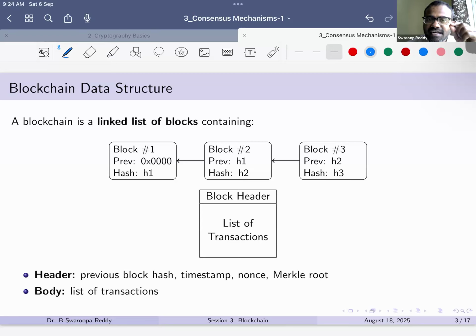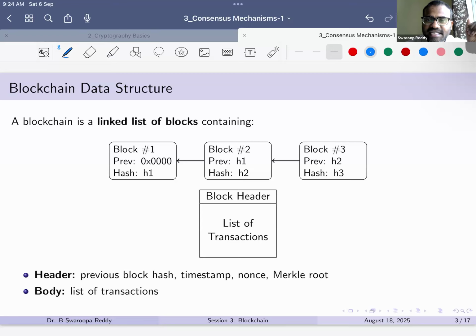As we discussed in the first session, the timestamp computes the current time in seconds from January 1970. It takes January 1st, 1970 at 12 a.m. as 0 seconds, and from that to the current time it calculates the number of seconds elapsed. That is the timestamp which will be included within the block header.